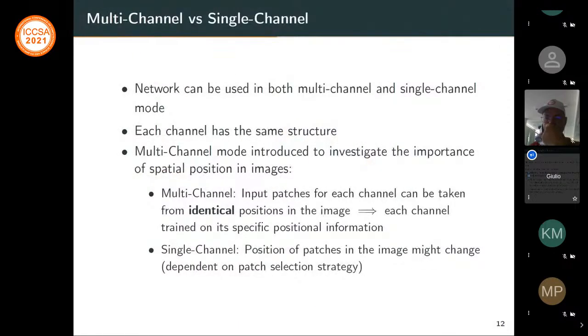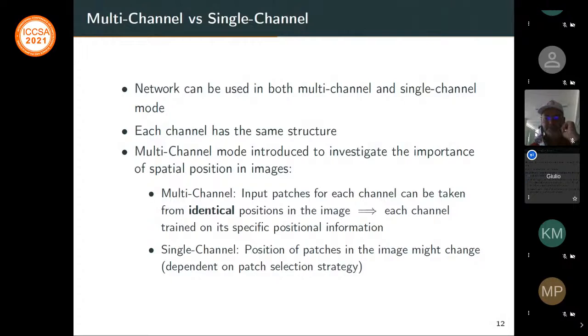So now to the multi versus single channel mode. The network can be used in both multi-channel and single channel mode. Each channel has the same structure. And the multi-channel mode is used to investigate the importance of the spatial position of the crops in the images. So for multi-channel, the input patches for each channel are from the same position.